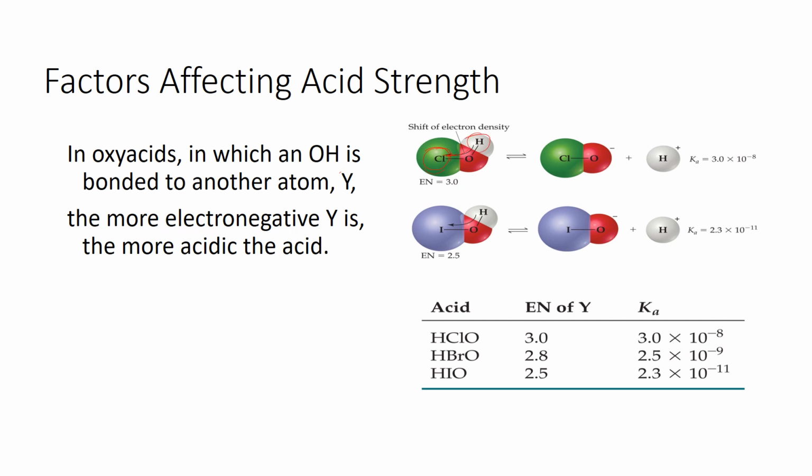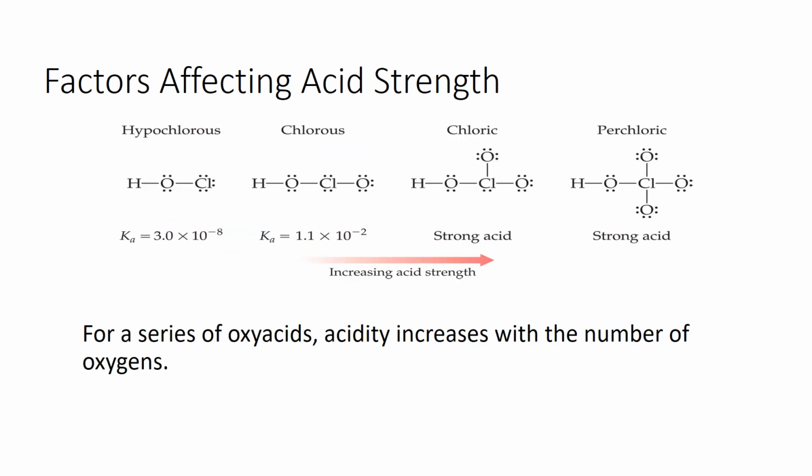So it makes it more acidic. We have a series of oxyacids here, and the acidity increases with the number of oxygens. The more the oxygens, the more the acidity. It makes it easy to lose the hydrogen ion, and that is what determines the strength of the acid.